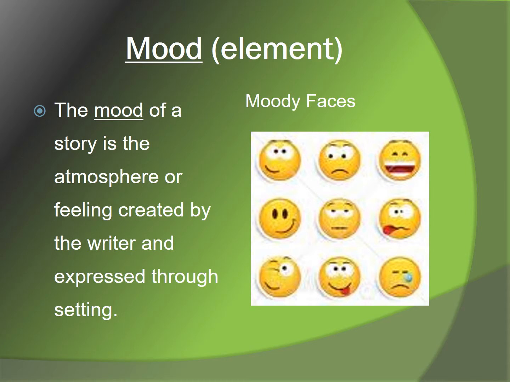This face expresses happiness, and the one next to it is confusion. And here you have to transfer all these moods into words in your writing to portray the feelings.